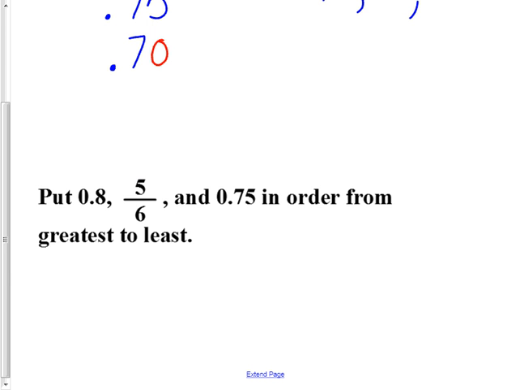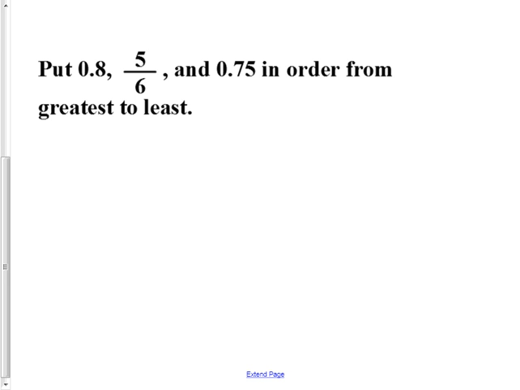One more example. If I have 8/10, 5/6, and 75 hundredths, and I want to put those in order from least to greatest, or from greatest to least rather, I know that 8/10 is greater than 75 hundredths. So I know I'm going to put 8/10 before I put 75 hundredths. Now I just need to know, am I going to put 5/6 before both of them, between them, or after the 75 hundredths?